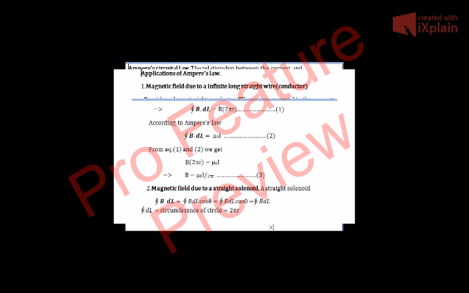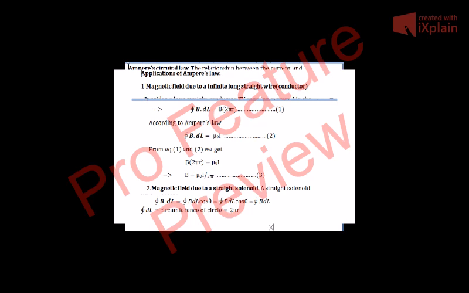This is the same expression which we derived for the magnetic field due to a long straight conductor in the earlier part of this chapter. But there we did not use Ampere's circuital law. Here in this case we use Ampere's circuital law.